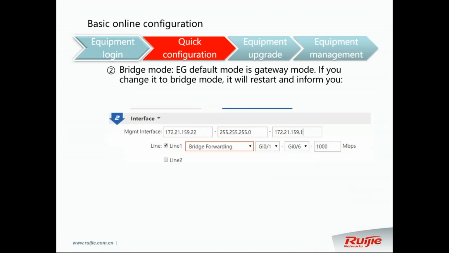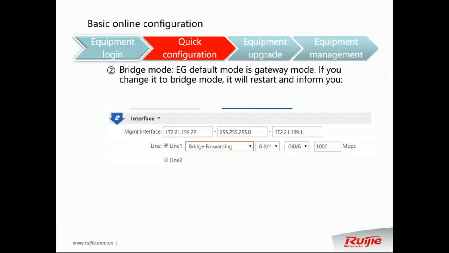And if you want to use the bridge mode, we have a suggestion for you: use the inside interface to connect your core switch and use the outside interface to connect the routers.